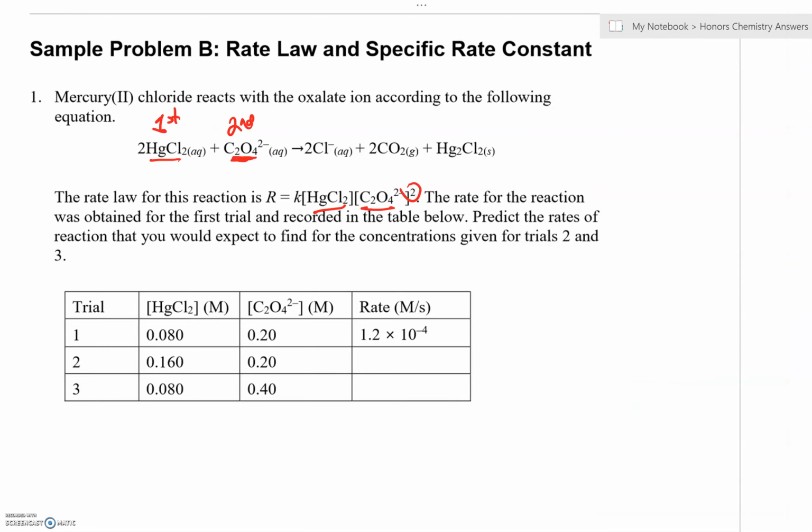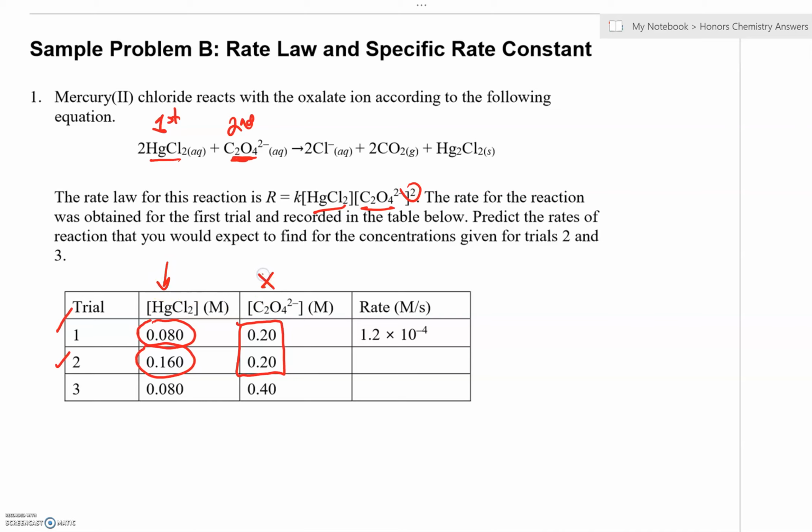This is trial 1 and 2. Now, we already know the rate for trial 1, and we know that in trial 1 and 2, the concentration of mercury 2 chloride goes from 0.08 to 0.16. It doubles. This doesn't change. So we're doubling mercury 2 chloride.